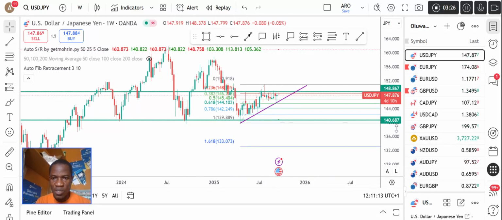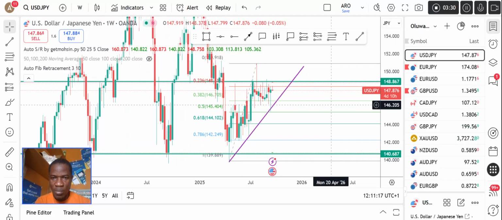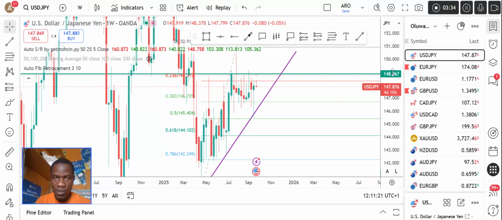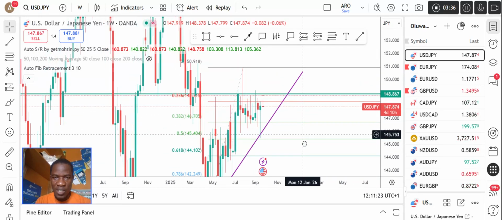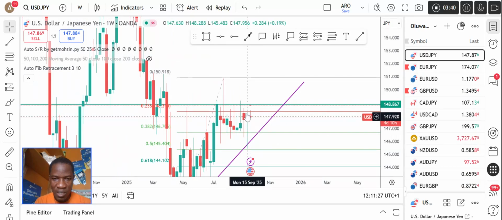So let's check the opening price and closing price, the highs and the low for the trade for last week. We're going to check where is the high and the low. So here is the chart for last week.